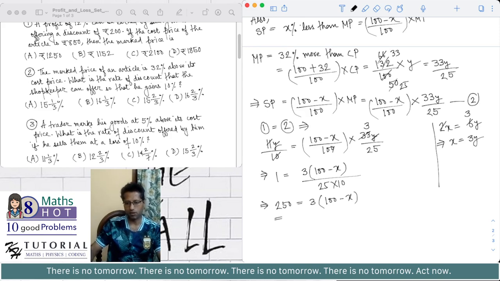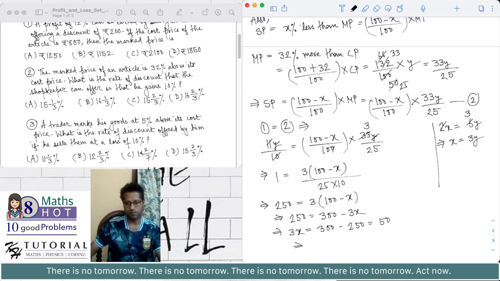So this is a linear equation in x. If we solve it, we get 250 is equal to 300 minus 3x. This implies 3x is equal to 300 minus 250, which is equal to 50.